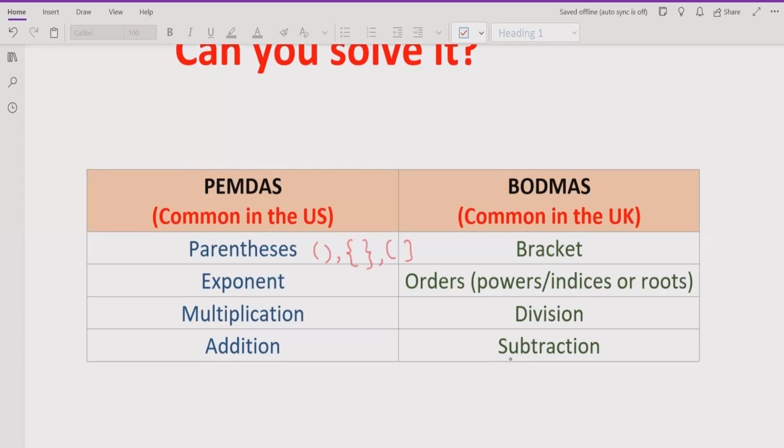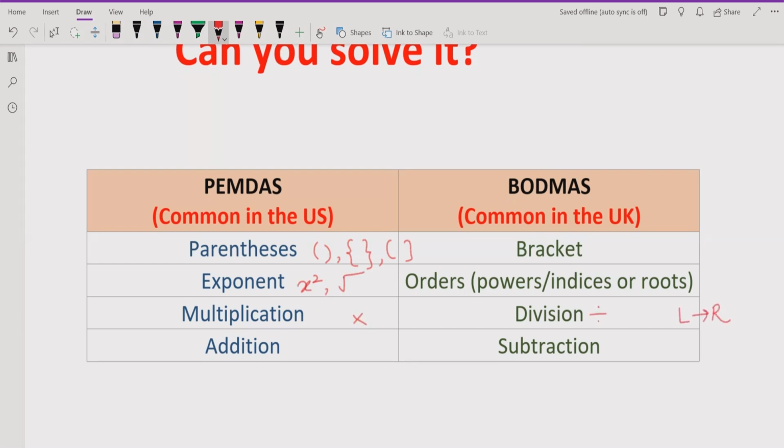After that, you have to solve the exponent or any power, like x square or any number to a power, and any square root of a number. After the brackets, if you have multiplication and division, you go left to right, and whichever comes first, you solve that one.